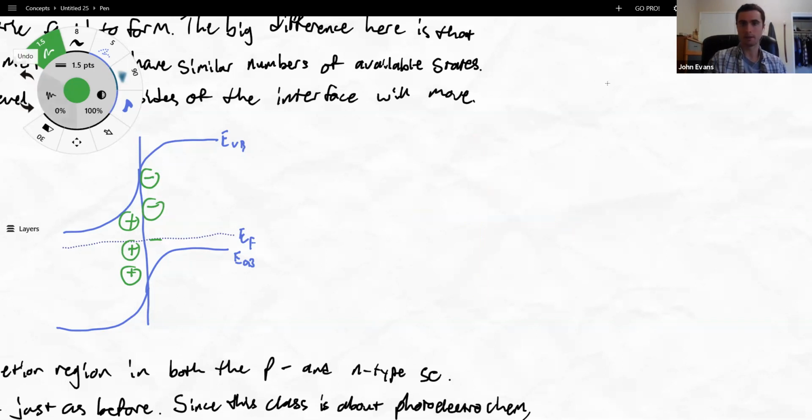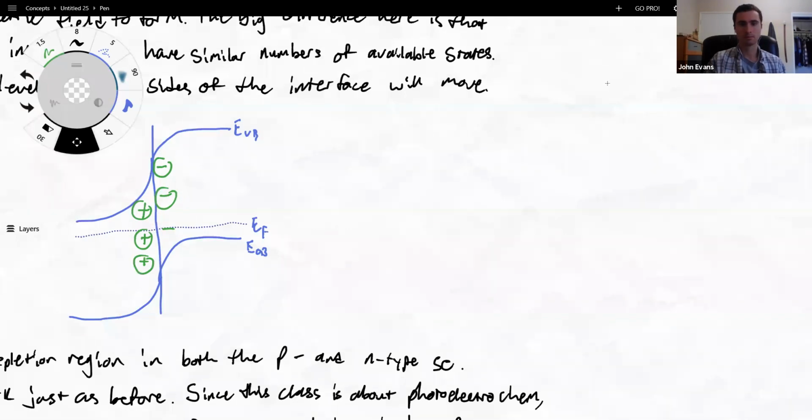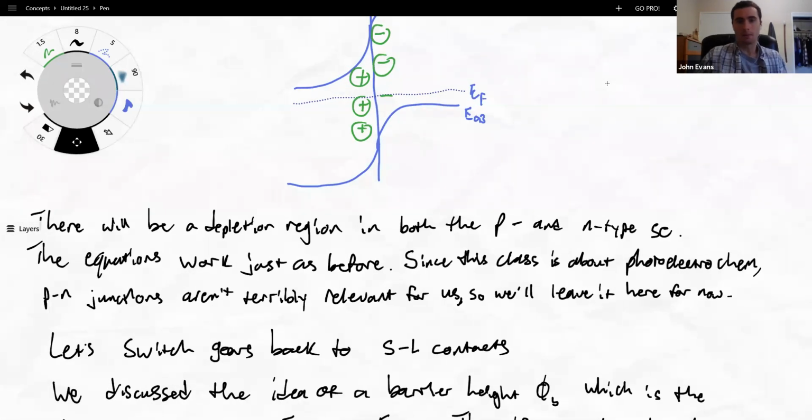And then if you were to look at your potential here, right, it's going to go up, and then our electric potential is going to decrease, right? Cool. So the equations work just like before. There's nothing that's super fundamentally different about this other than the fact that the band bending occurs on both sides, and thus you have depletion widths on both sides.